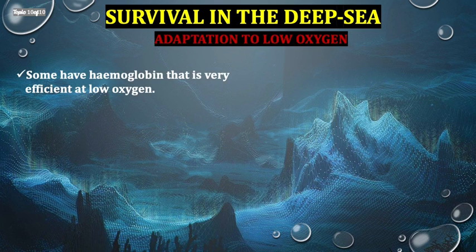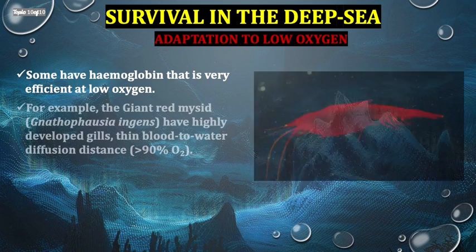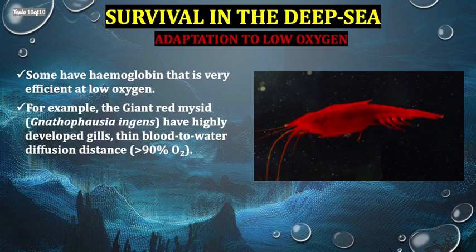Okay, so adaptation of the deep sea animals to the low level of oxygen in the water. Some organisms have hemoglobin in their body, and this is very efficient in the oxygen minimum zones. For example, we have here the giant red mysid, which has highly developed gills and a thin blood-to-water diffusion distance that enables the species to effectively remove as much as 90% of the oxygen in the water.